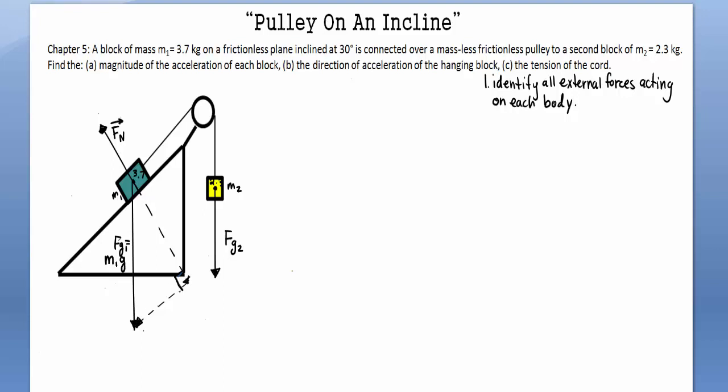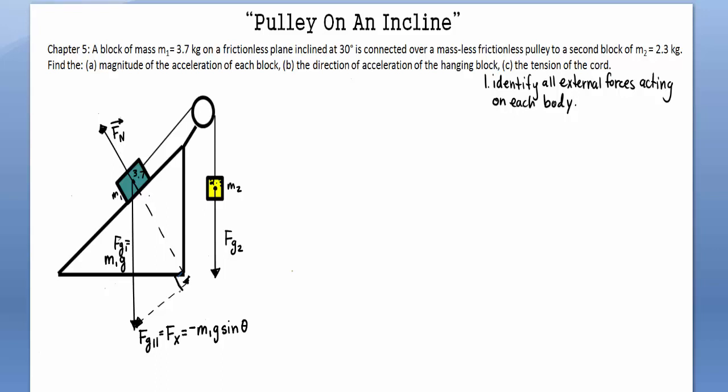And I like to write out Fg parallel is equal to Fx, which is equal to a negative M1G sine of theta.